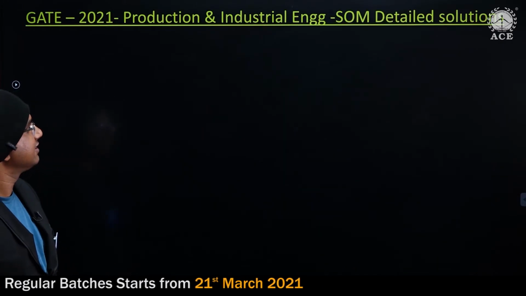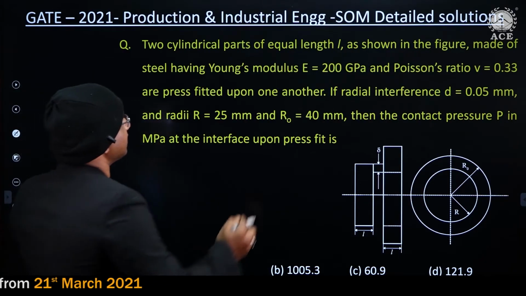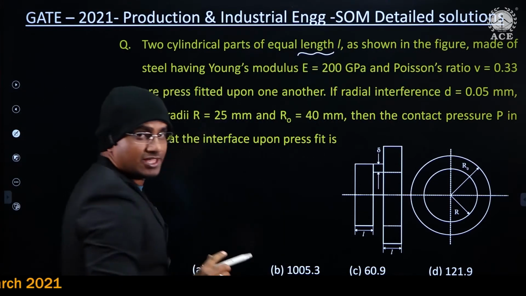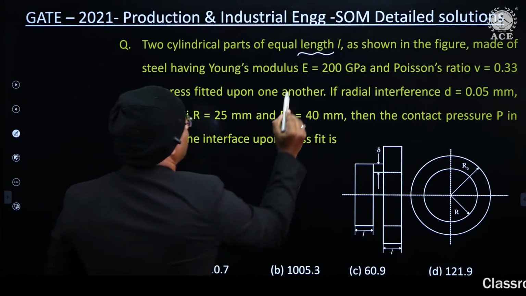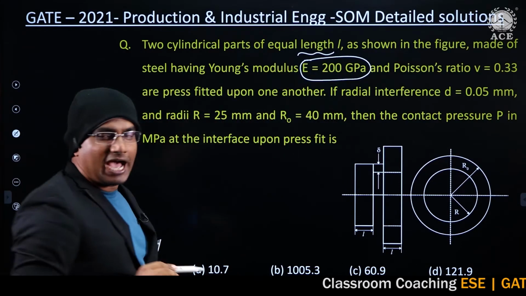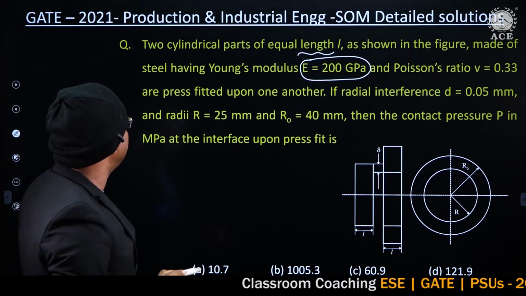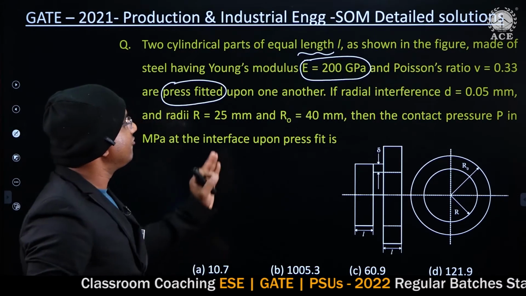Okay, next question. Two cylindrical parts of equal length, made of steel having Young's modulus clearly given, Young's modulus equal to 200 gigapascals and Poisson's ratio equal to 0.33, are press fitted upon one another.